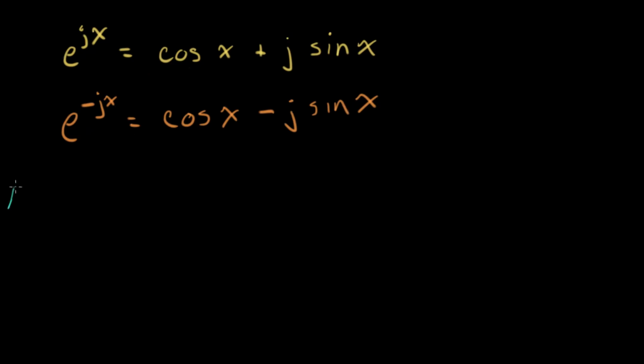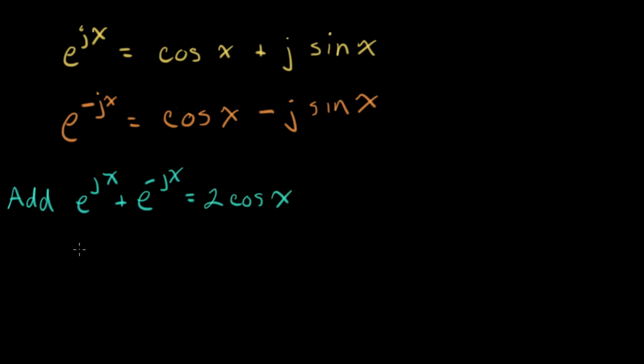So if I add, I'll get e to the jx plus e to the minus jx equals cosine doubles, 2 cosine x. And the two sine terms cancel out, right?